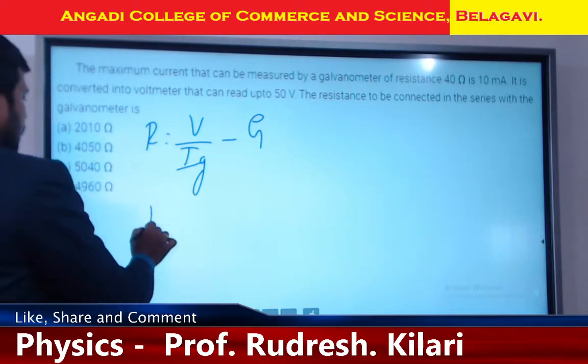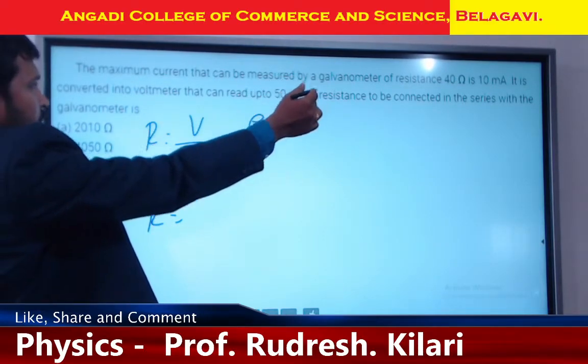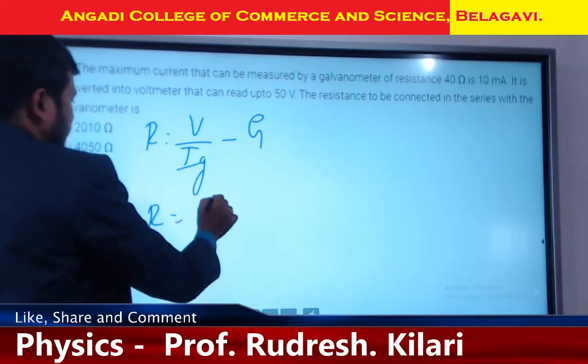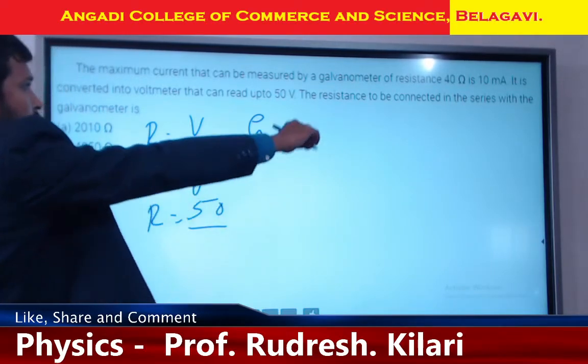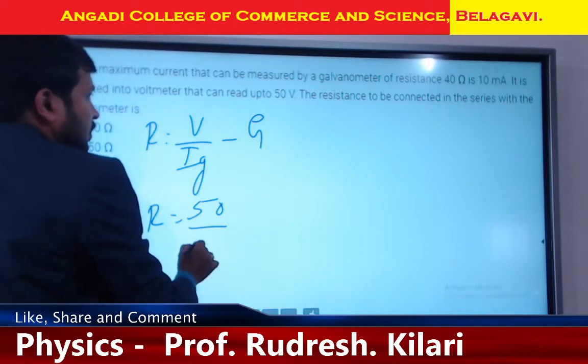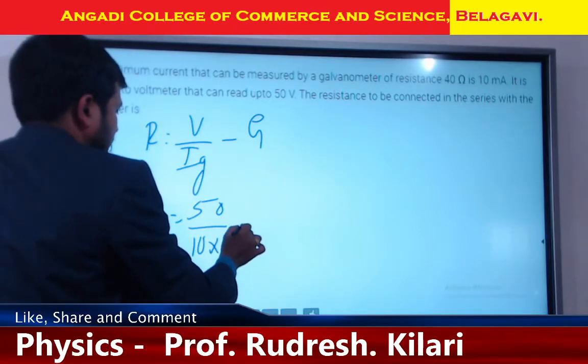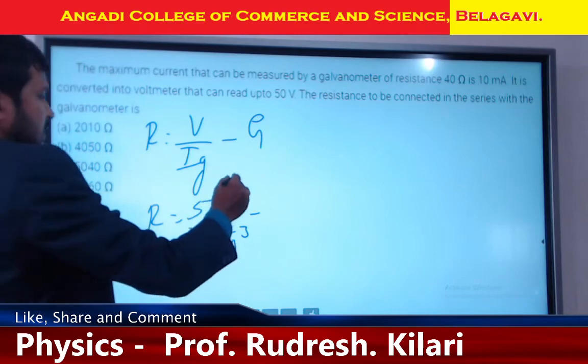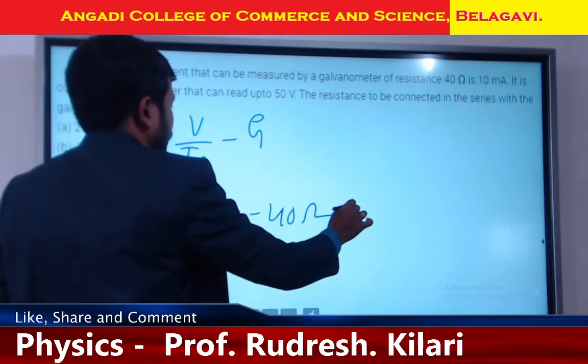Just simplify. R equals, what is the voltage? The voltage is 50, divided by the current, 10 into 10 to the power of minus 3, minus the galvanometer resistance. 40 ohm, right?